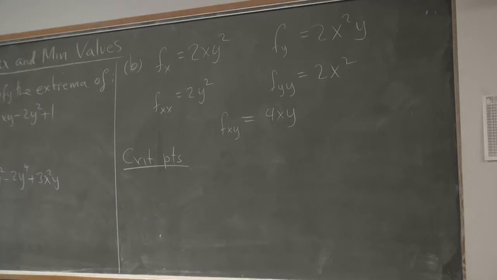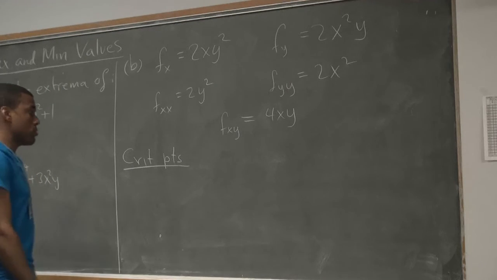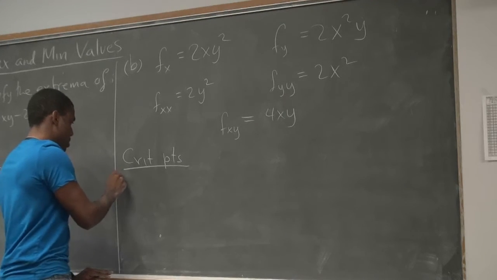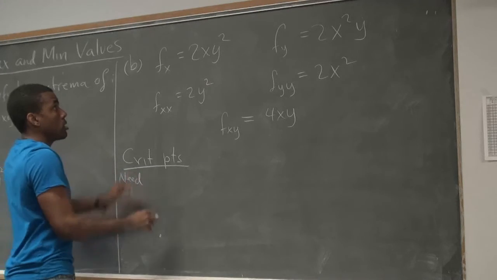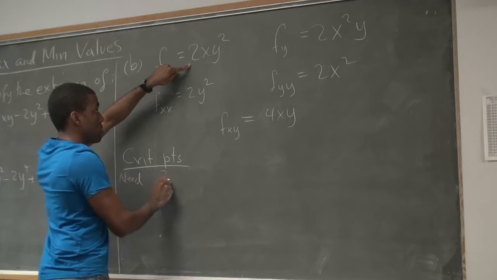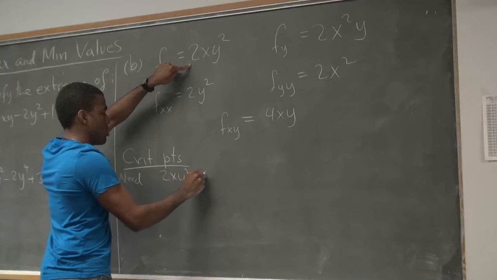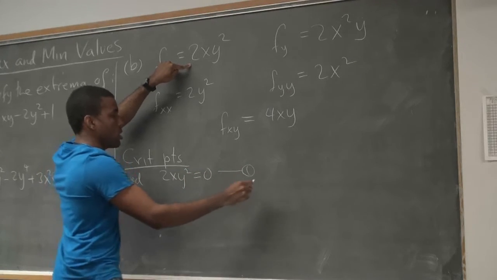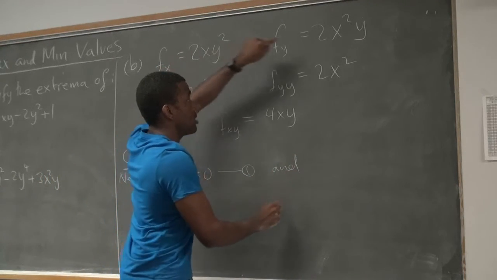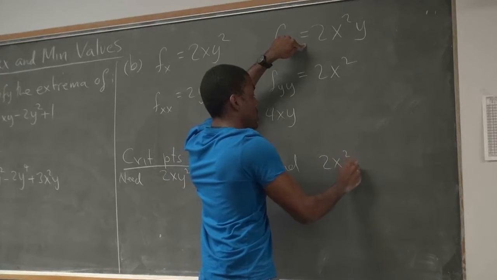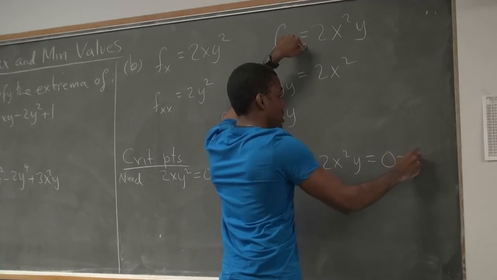Okay. Good. So now we want to find the critical points. We need this to be equal to 0. Call that equation 1. And this to be equal to 0. Call that equation 2.